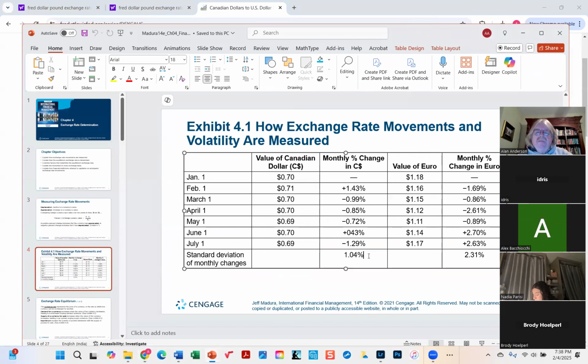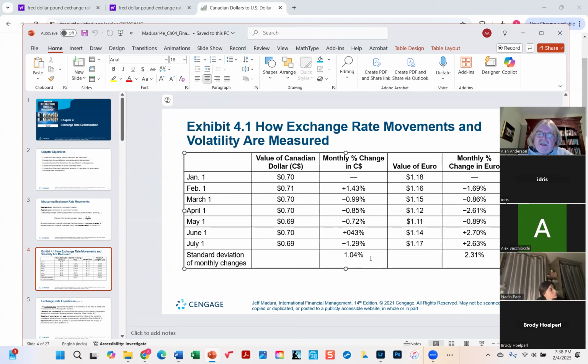But if you look at those standard deviations, according to what we saw there, this indicates that the dollar Canadian dollar exchange rate should be more stable than the dollar euro exchange rate. Now, part of the reason for that is because the US and Canada trade so much with each other. Their business cycles are likely to be more closely aligned with each other than the business cycle between the United States and the European countries that use the euro as their currency.